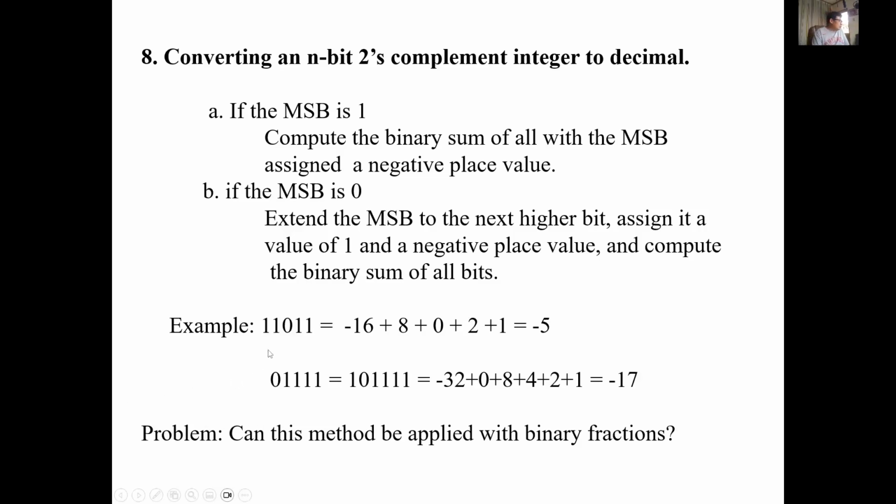So you have negative 16 plus 8 plus 2 plus 1, which will give you negative 5.